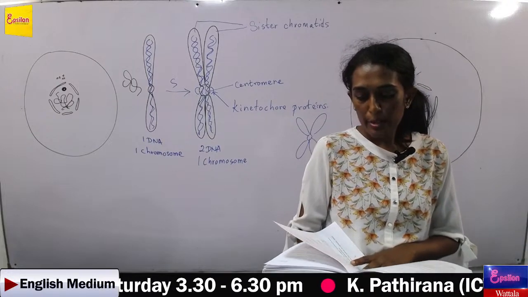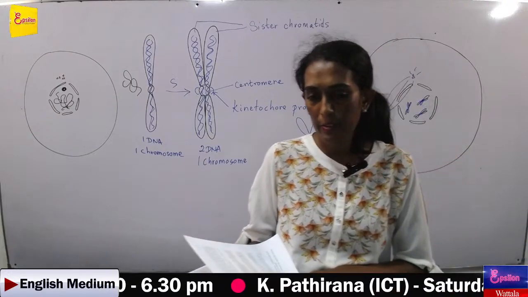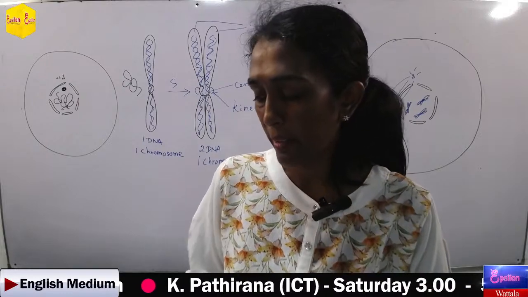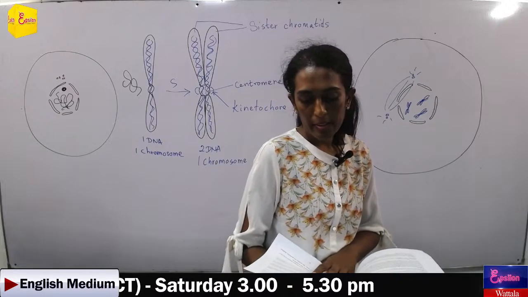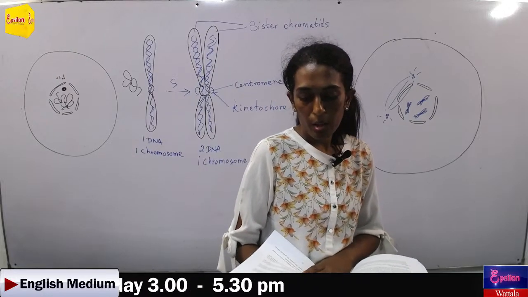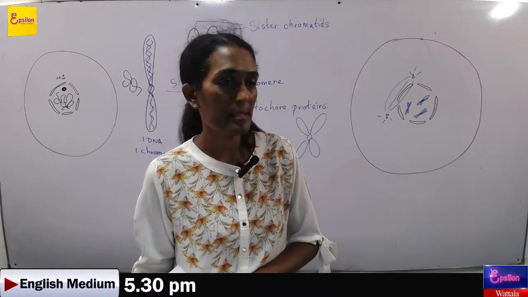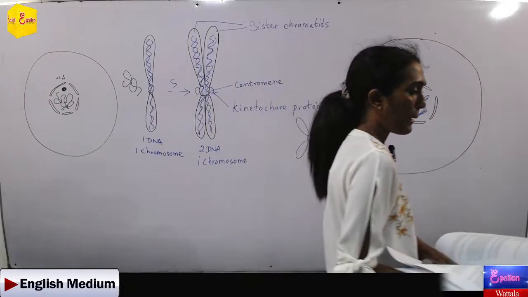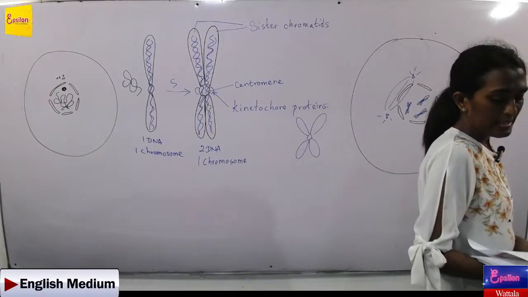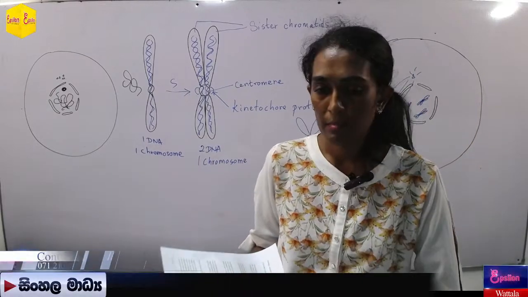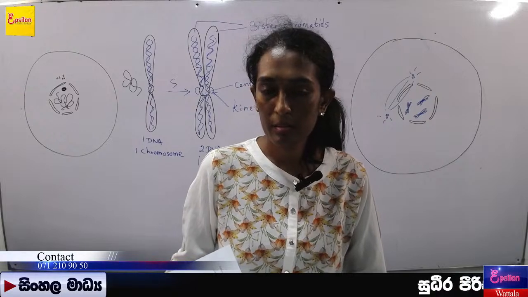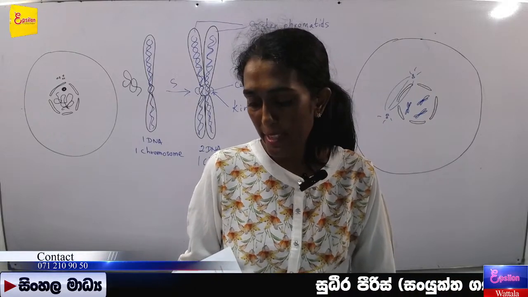Next one: chromosomes appear with two sister chromatids attached at the centromere.